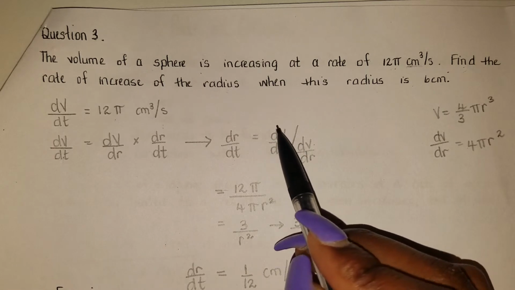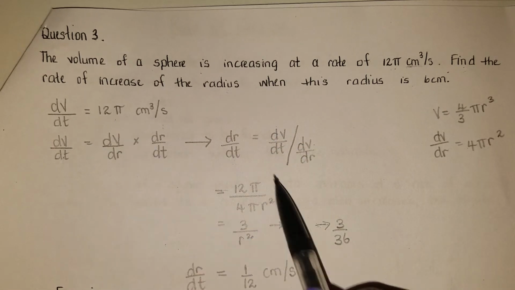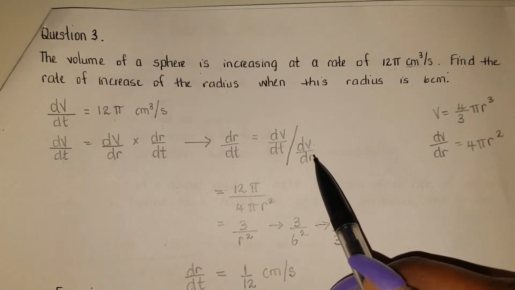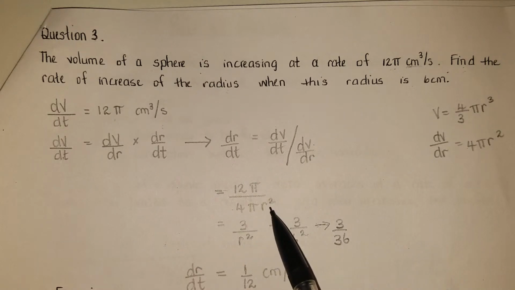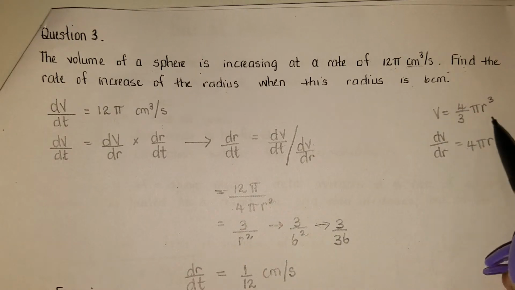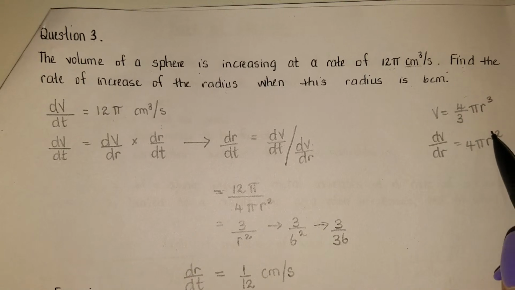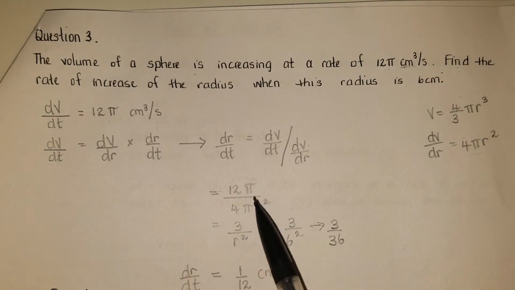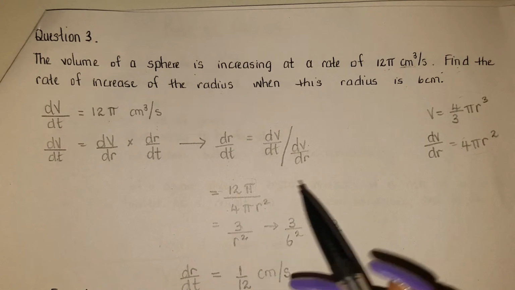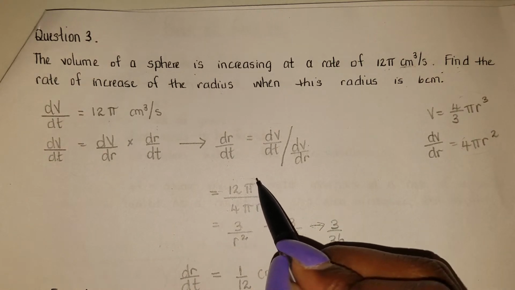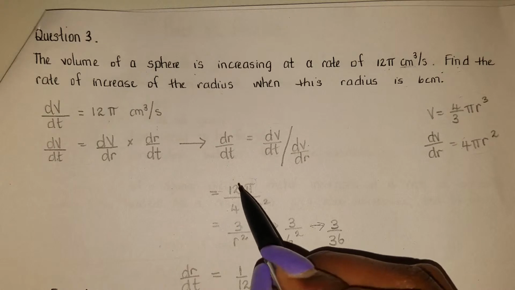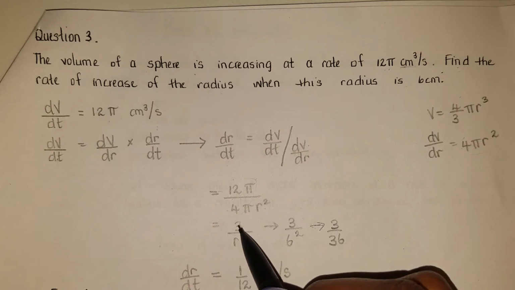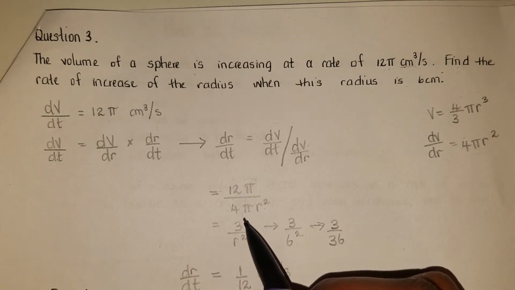The dV/dt was given as 12 pi, and dV/dr is 4 pi r squared. We did that in the previous question where we differentiated the V formula to get 4 pi r squared. So that's our dV/dt over dV/dr. When we simplify, these pi's will cancel, and 4 into 12 is 3.